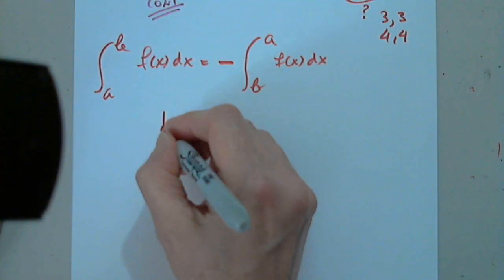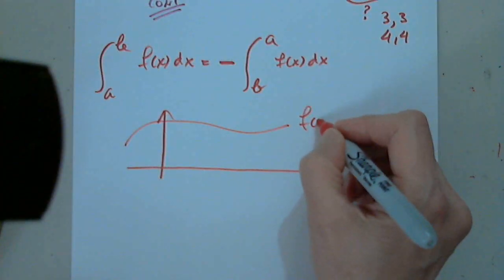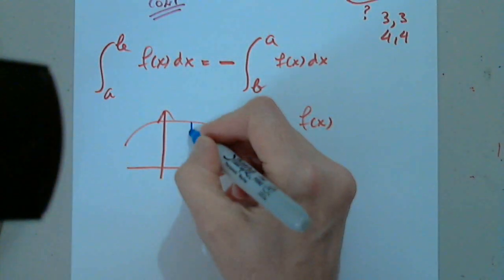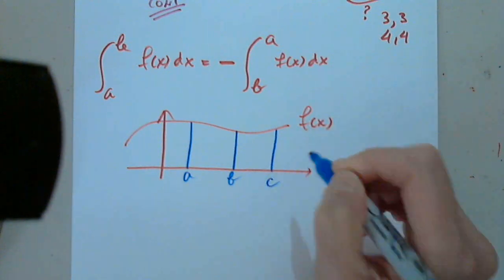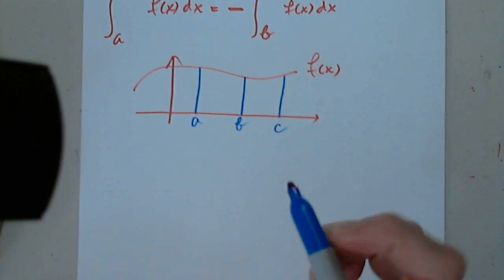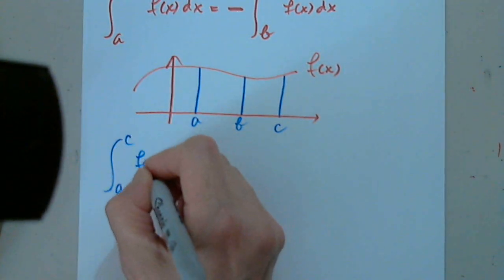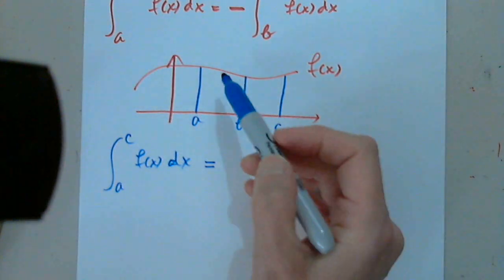Okay, here is another one for you. Here's the function f of x. And let's say I have a, I have b, I have c. So the area from a to c of f of x dx, can we write it in a different way?